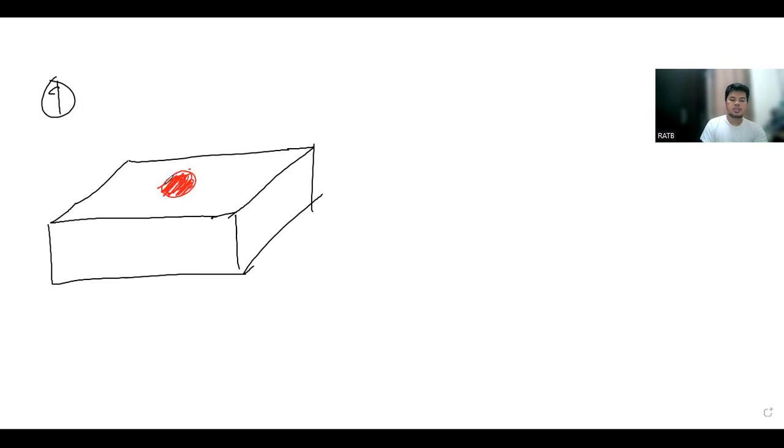So meaning to say this part here is to be removed by punching, using the force of 283 kilonewton. So by applying a force of 283 kilonewton, the plate thickness is 10 mm.